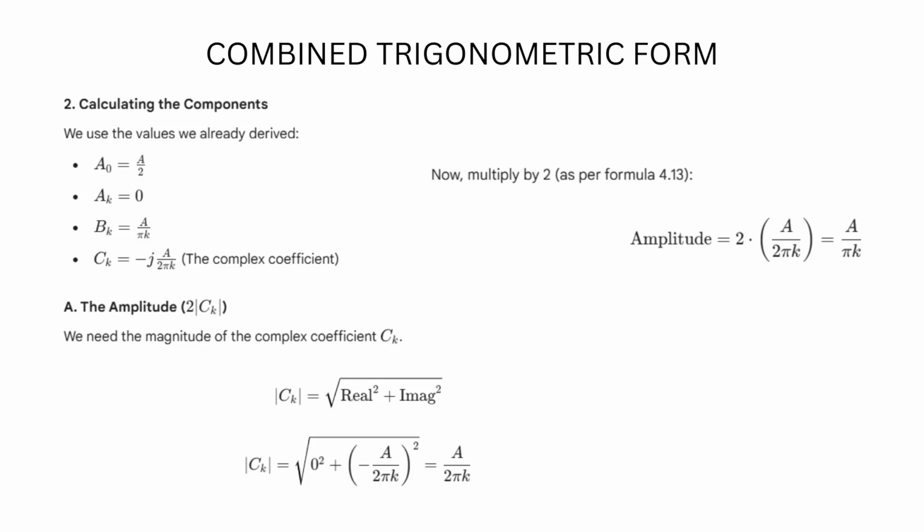The absolute value of c sub k is the square root of the real number squared plus the imaginary number squared, which is the square root of 0 squared plus negative a over 2 pi k squared, which is a over 2 pi k. Now we multiply by 2, which is the amplitude, 2 times a over 2 pi k is equal to a over pi k.